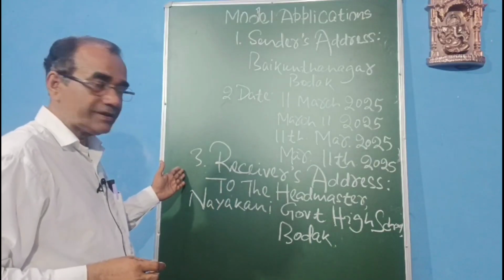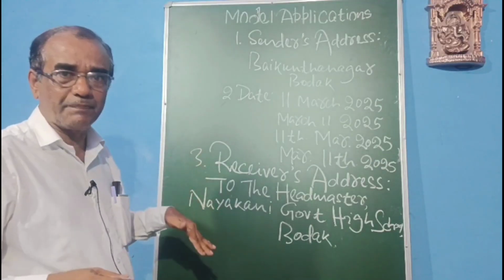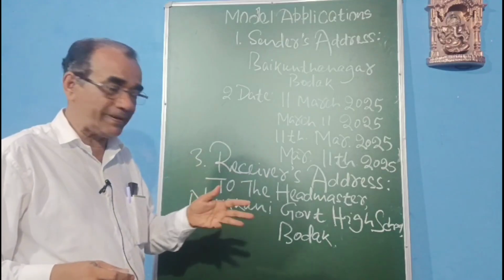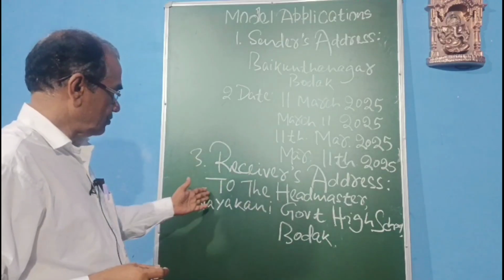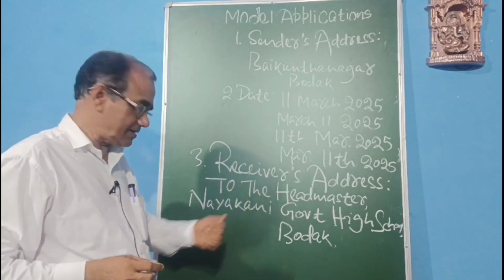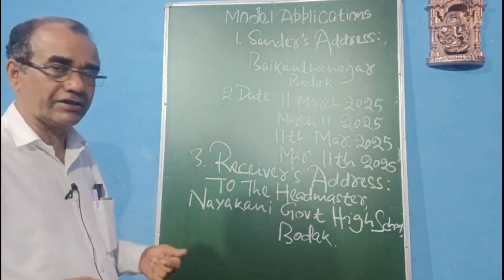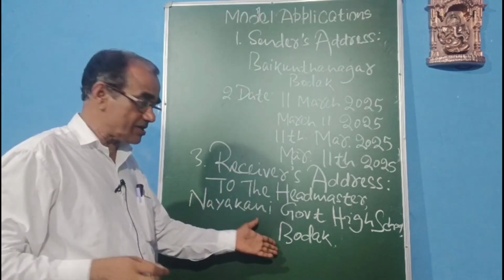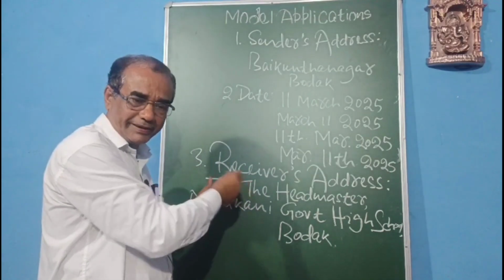The third one is the receiver's address, the designated person who receives the application: To the headmaster, Nayakani Government High School, Boda. The headmaster is the designation. Nayakani Government High School is the name of the office, and Boda is the name of the place where the office of the headmaster is situated.